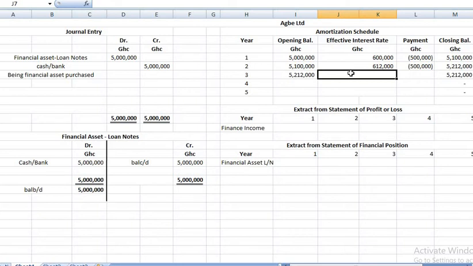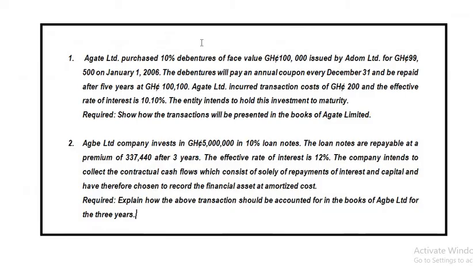So we were told that our financial asset will be redeemed at a premium. Let's go back to our question. We were told that the loan notes are repayable at a premium of 337,440 after 3 years.